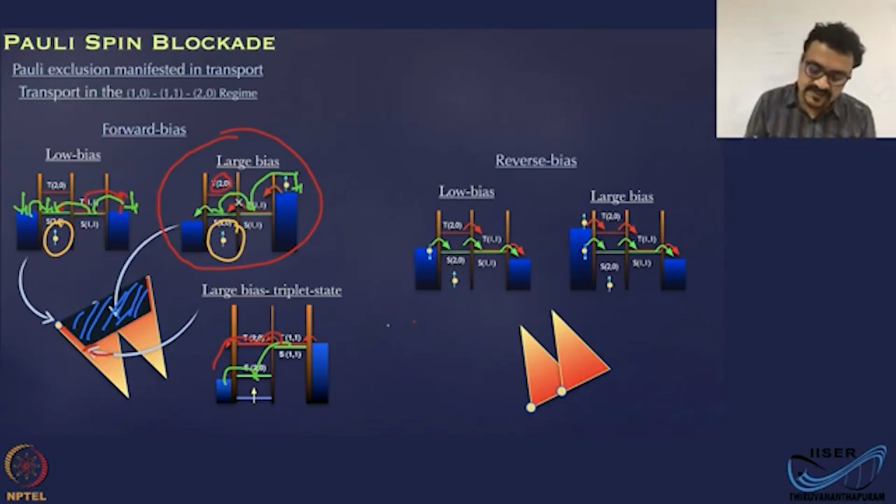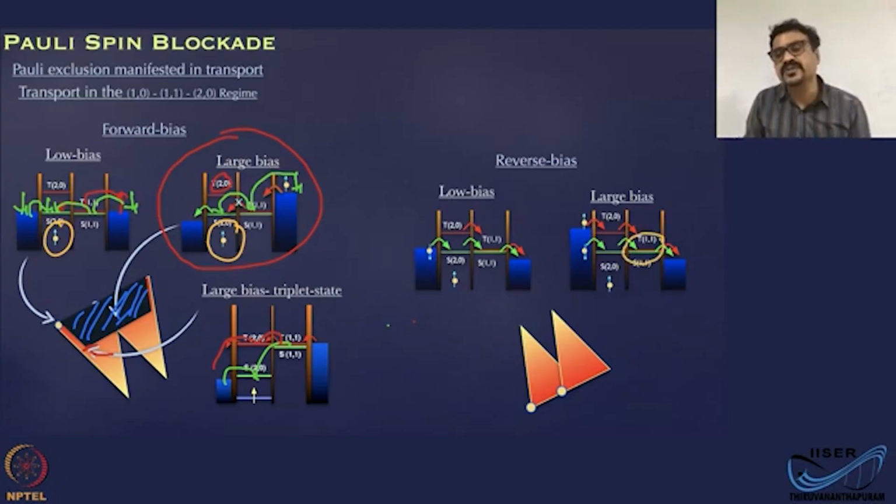Now, when you have large bias, both the spin down and spin up actually can go, because these states are pretty close in energy. So there are two states there, the green and red lines. They are pretty close in energy, the green and the red lines. They can take both the up state and also the down state in the large bias case. So in either case, the transport is never blocked in this situation.